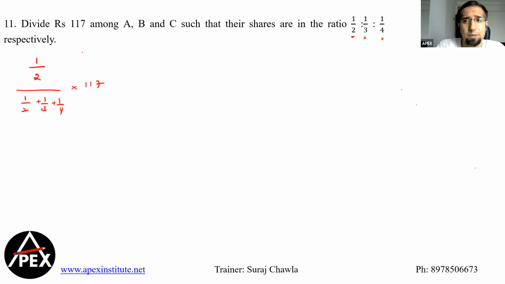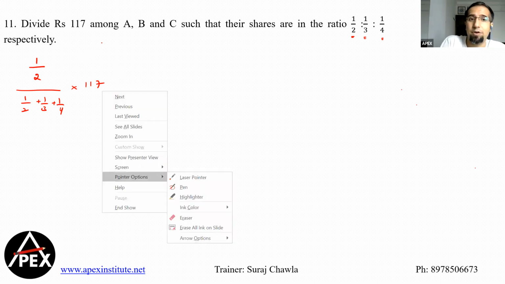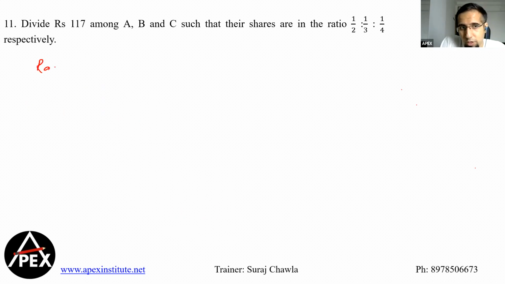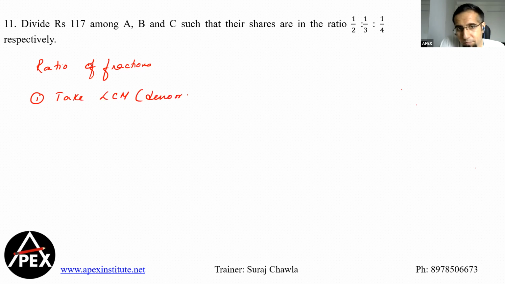Let's not get into the basic method because it's a lengthy method. Now, let's try to understand if I have a ratio of fractions, what do I do? Step number one, take the LCM of denominators.